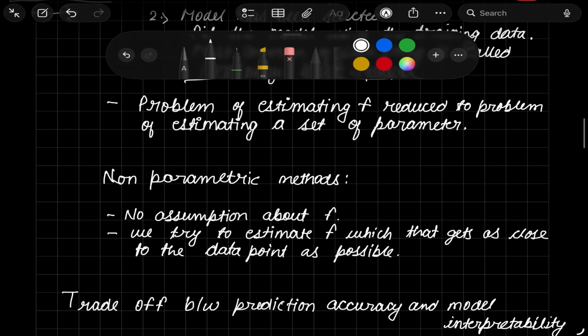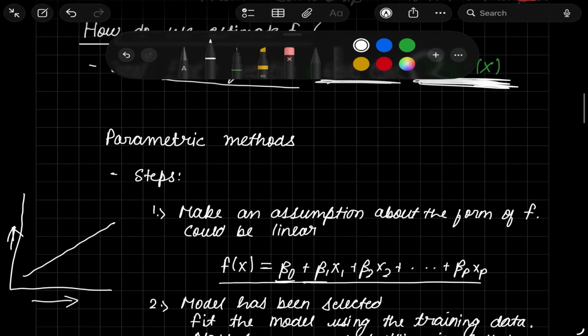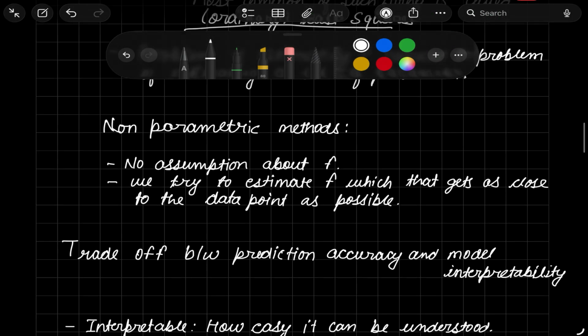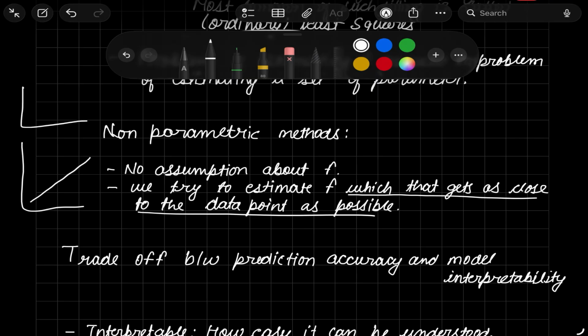We have discussed the first method. Now the second method is the non-parametric method, in which we don't make any assumption. We try to estimate f so that it gets as close to the data points as possible. Here we do not take any equation or fixed relation, but we try to figure out as much as we can from the data.